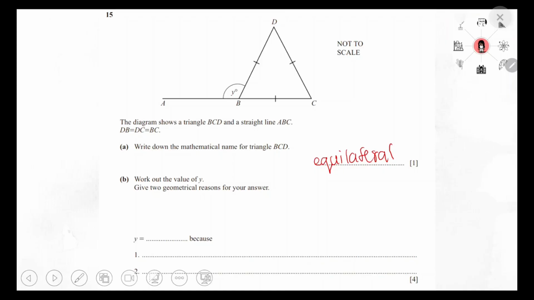B. Work out the value of y. Give two geometrical reasons for your answer. To find y, we need to first know that all angles of an equilateral triangle are equal to 60 degrees. So all of these are 60 degrees.